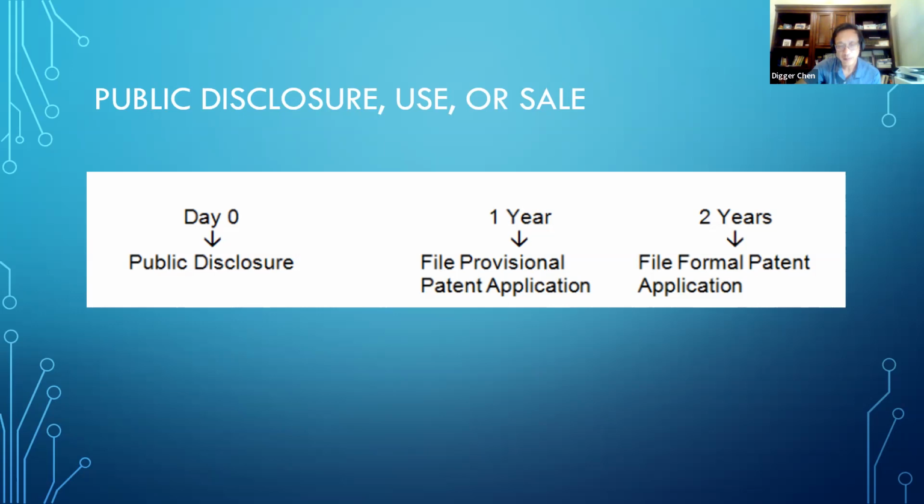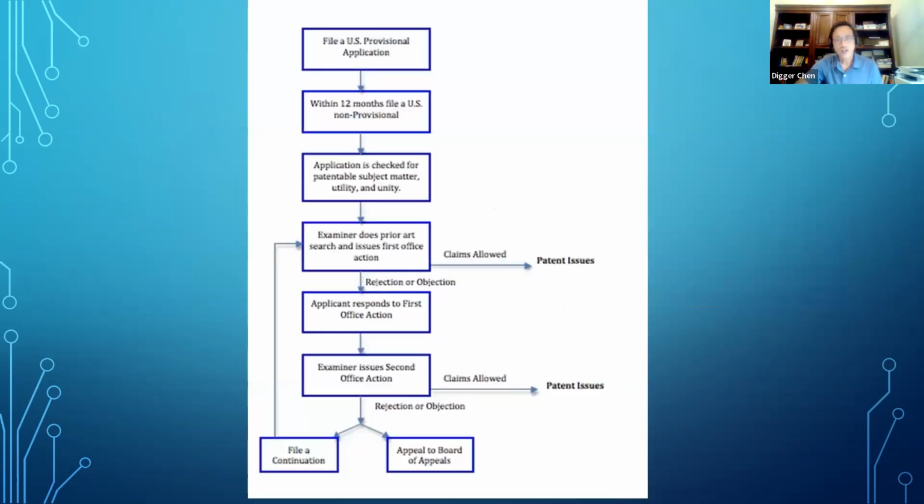Yes, thank you. Sure. So usually public disclosure has a 1 year grace period. If you disclose in public, you have 1 year to file a patent, either a provisional application or a formal application.